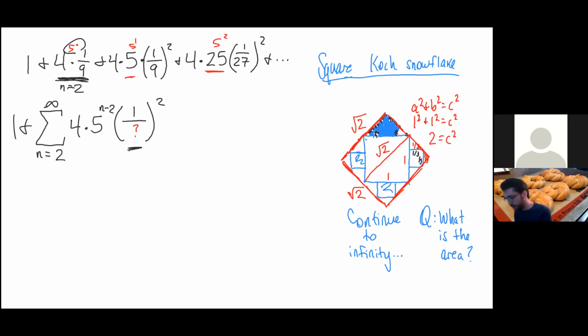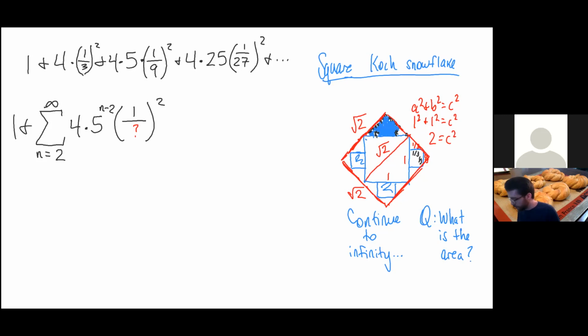Okay, that is going to require a tiny bit of work. What I could do is erase something really quick, just to make some room up here. What I could think is, this initial 1/9 was actually 1/3 squared.